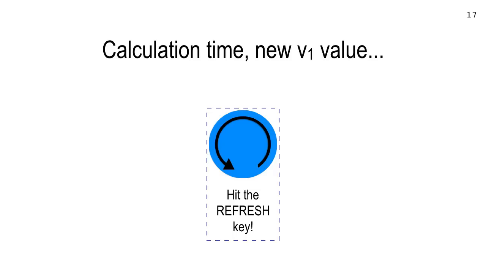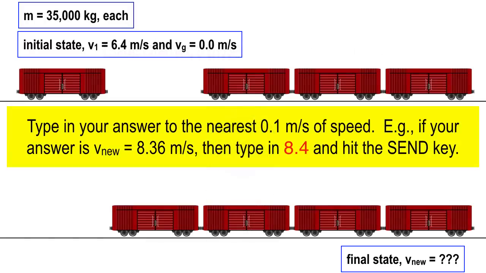And here's your problem. Different V1, 6.4 instead of 4.4. But everything else is the same. All right, so take a few minutes to calculate this. Consult with your neighbor. Discuss if you're sitting next to somebody.